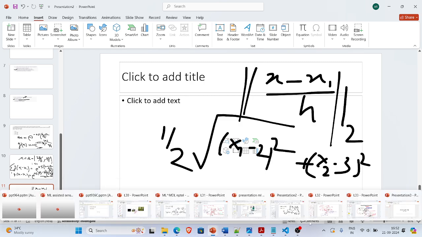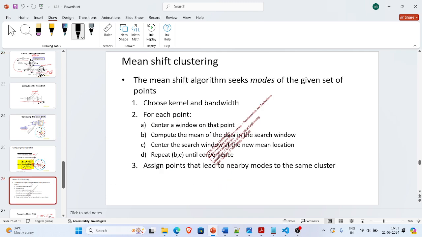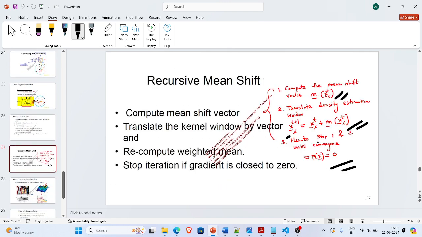Next what we have is we go to this expression. So this summation over gi is done, right? C is the normalization constant. You don't need to worry about that. The kernel has already been given, so that is where the C is coming from, and you can ignore the C part. This is the summation over xi with the value we get from gi over n, and then subtracting the initial value of the centroid. That is how we'll get the m value.